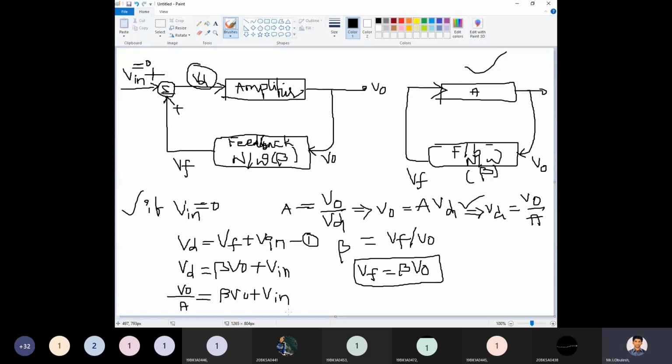Then what will happen? You need to see that the output value will vary between plus V saturation and minus V saturation.